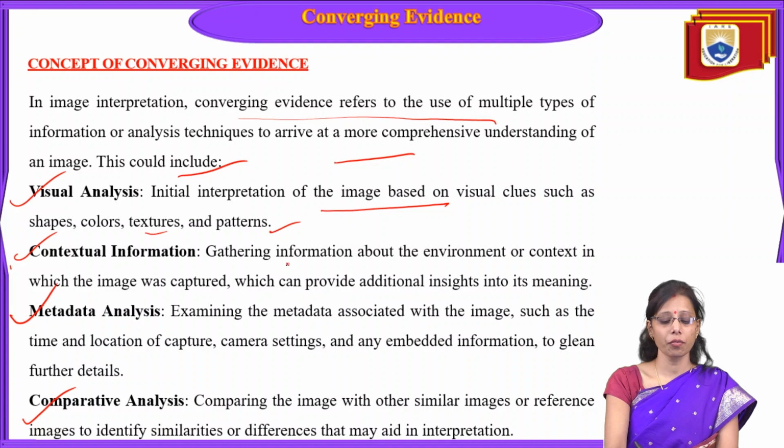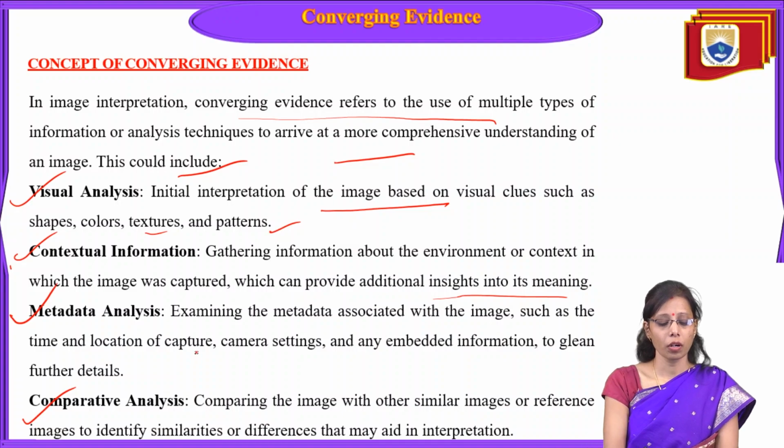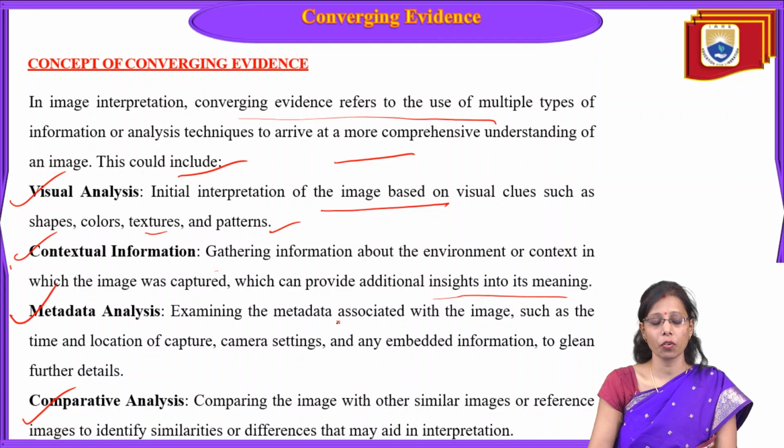And the contextual information is gathering information about the environment or context in which the image was captured, which can provide additional insights into its meaning. That is called contextual information. Textual information we can also find out in this context.